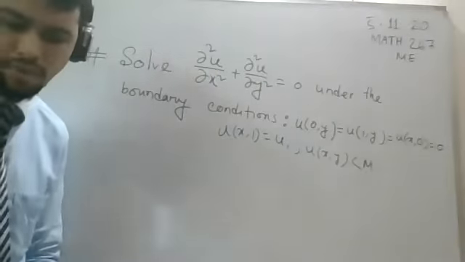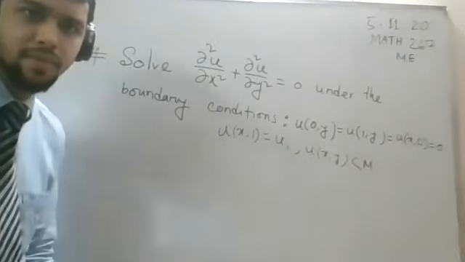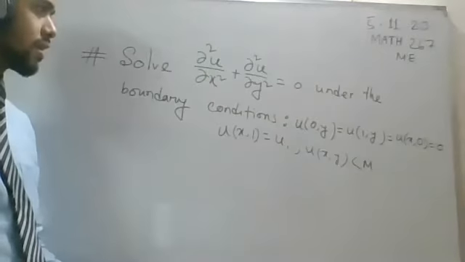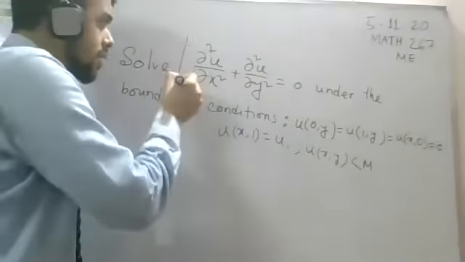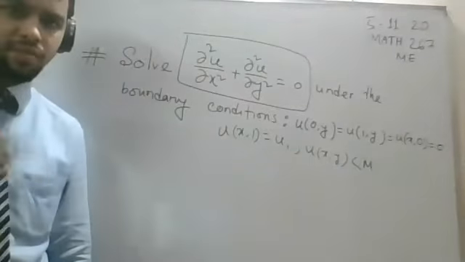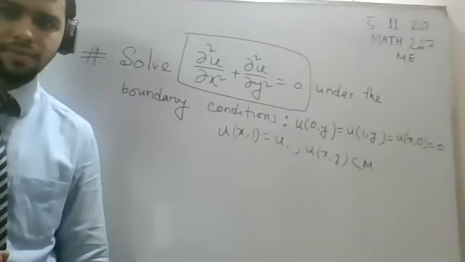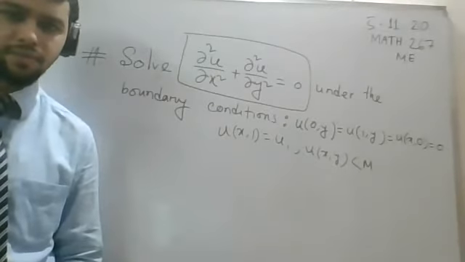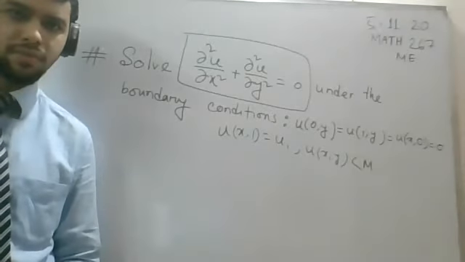Boundary value problem. So here is actually a harmonic function problem. Okay, so here, what does it mean? What kind of equation is it? Can you please tell me? Harmonic equation.